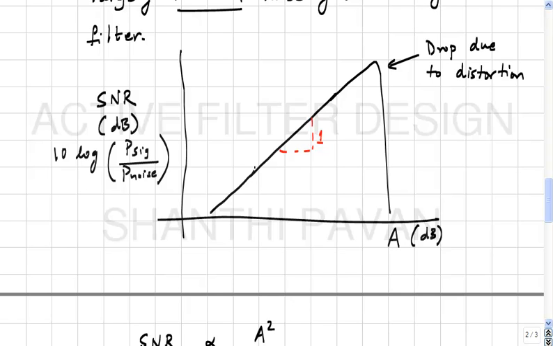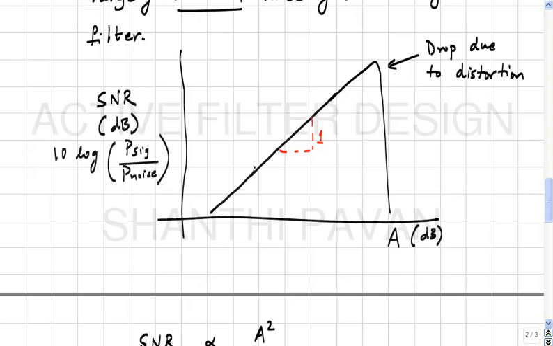As the input amplitude becomes smaller and smaller, the SNR becomes smaller and smaller, which means the log of the SNR becomes closer and closer to minus infinity. So, obviously, if the ratio of the signal power to the noise power is very, very small, then you cannot make any sense out of what is coming out of the filter, because what you are just looking at is noise.